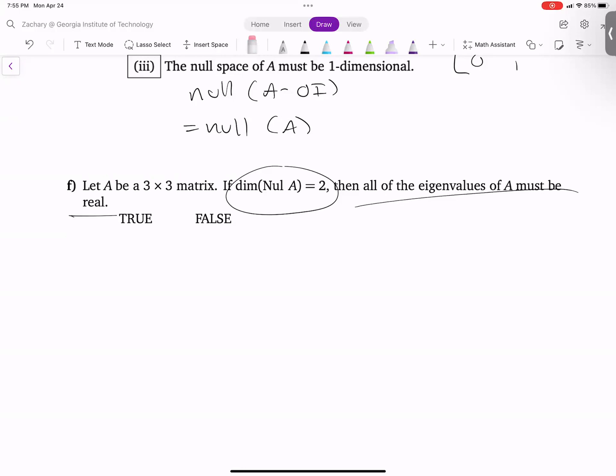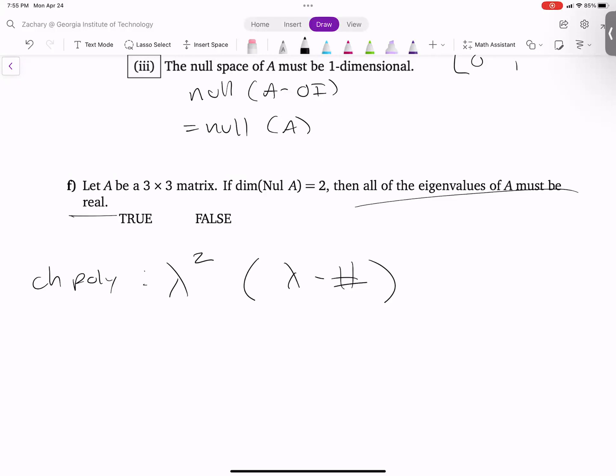All right, so one way you can think about this is if we have a null space of dimension 2, then the characteristic polynomial has to be lambda squared times lambda minus some number, okay? And we can't have that number just be imaginary unless we're dealing with imaginary matrices, which we are not. So since we can't plug an imaginary number here, it can't be complex.